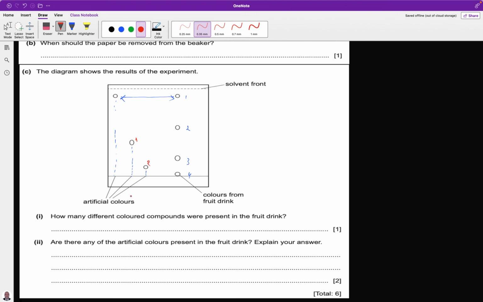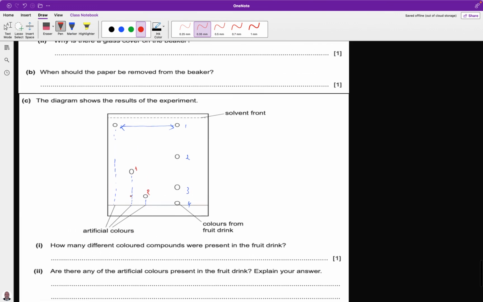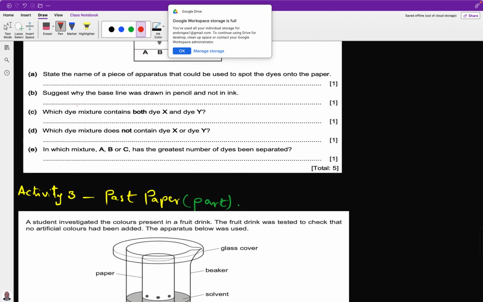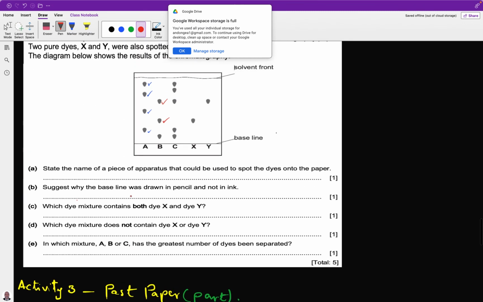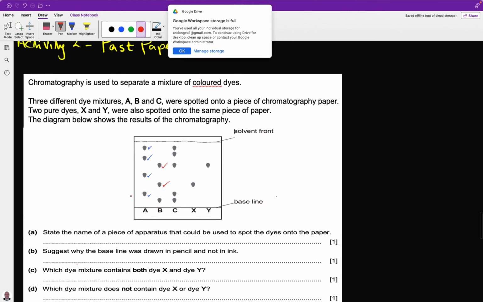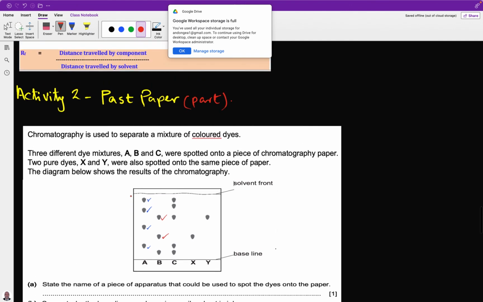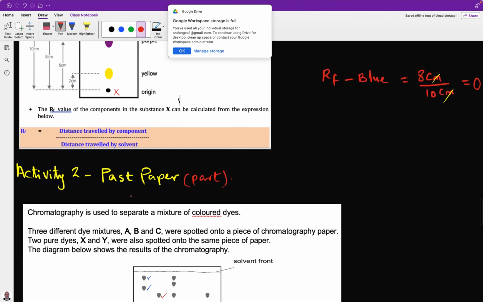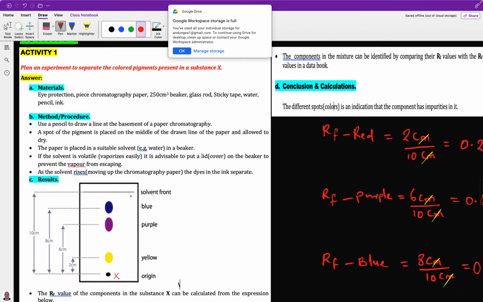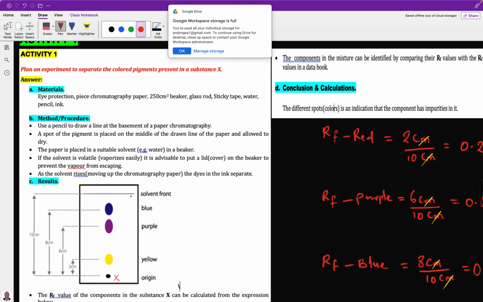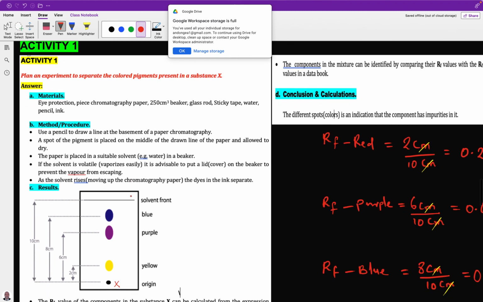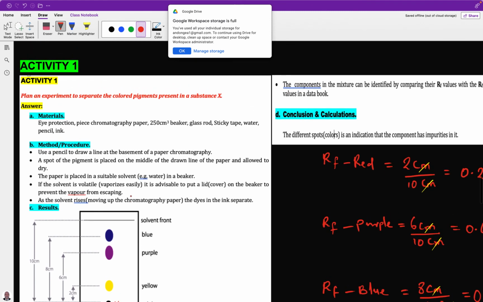So fellow learners, this is just an example. You will have similar questions like this, so go solve many other questions from alternative to practicals exams. You will see many other similar questions there. Remember, you should know how you can obtain your RF value. You should also know the purpose of the RF value.